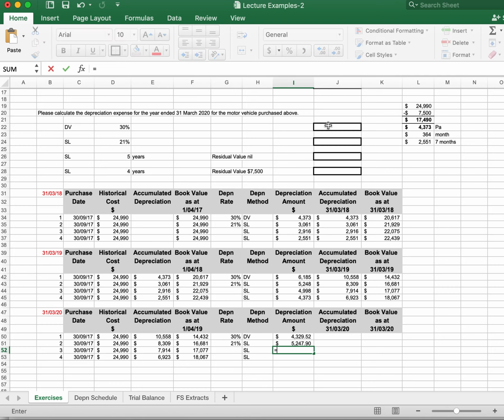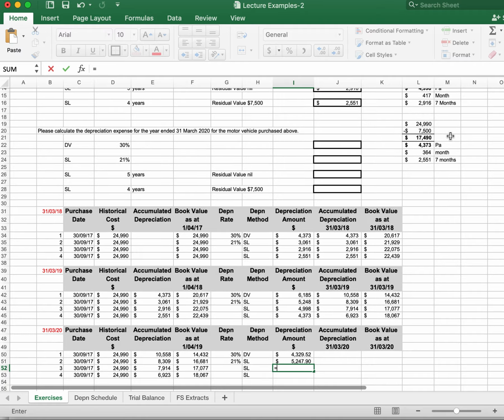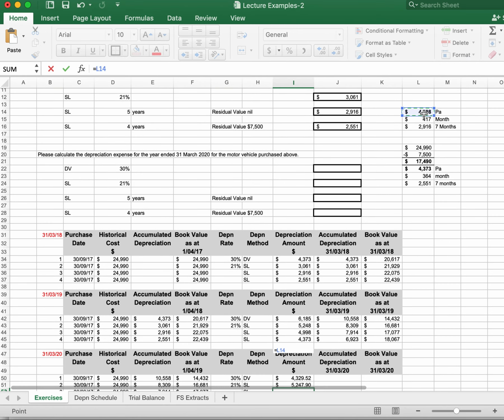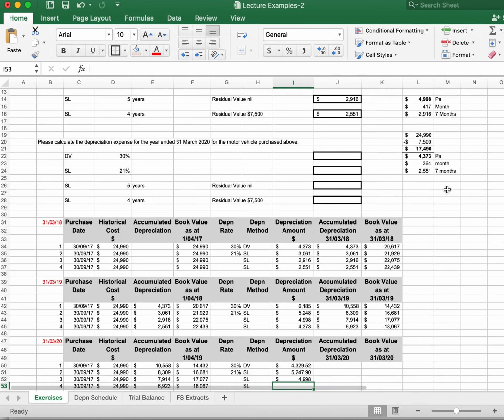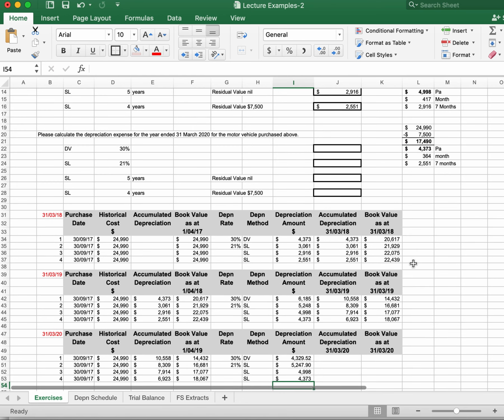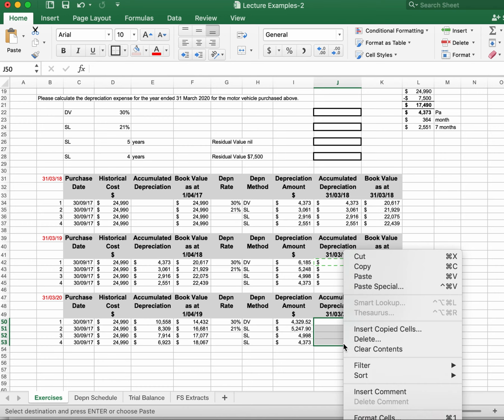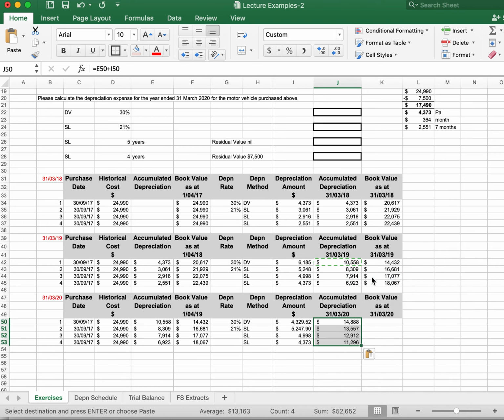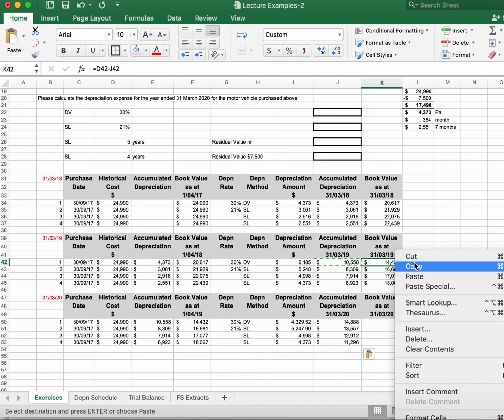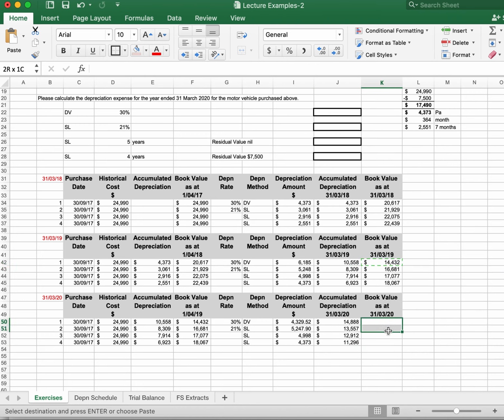So that one there is the full amount for the year. That one there is the full amount for the year. Accumulated depreciation should be the same formula as that one there, so I'm just going to copy, paste. And then the book value should be the same formula as in here too. Copy and paste.